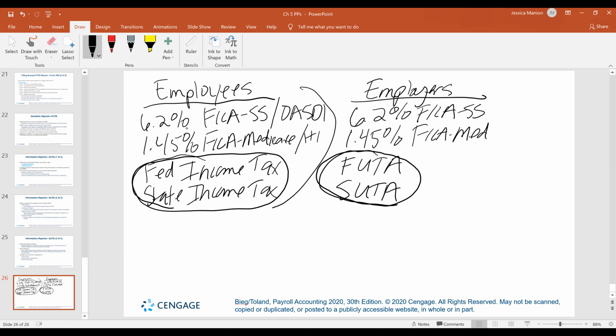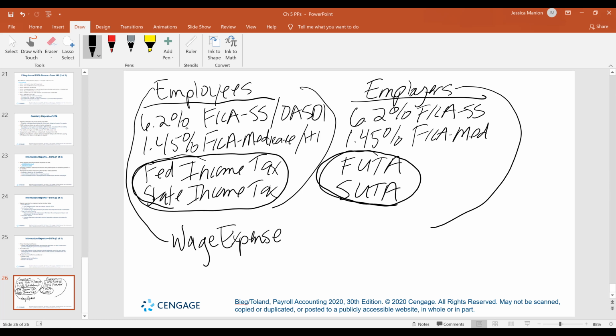This is going to come about when we look at how to record journal entries, because the entry for the employee we call a wage expense entry, but the entry for employers we call a payroll tax expense. We're going to look at that more in chapter 6 and get practice with those entries. Hopefully this was helpful.